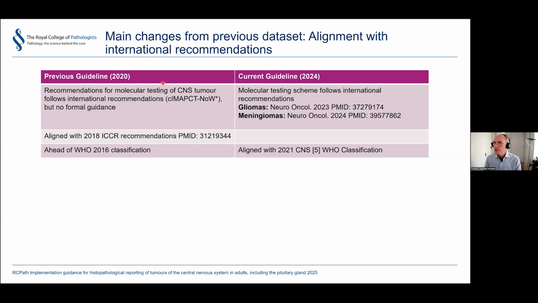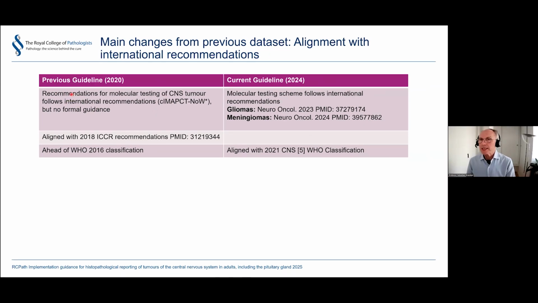The main changes and the alignment with international recommendations. The previous guideline in 2020 was written on the basis of the 2016 WHO classification. But between 2016 and 2020, a lot of changes happened, and there were a lot of recommendations for molecular testing, which then made it into the 2021 WHO classification.